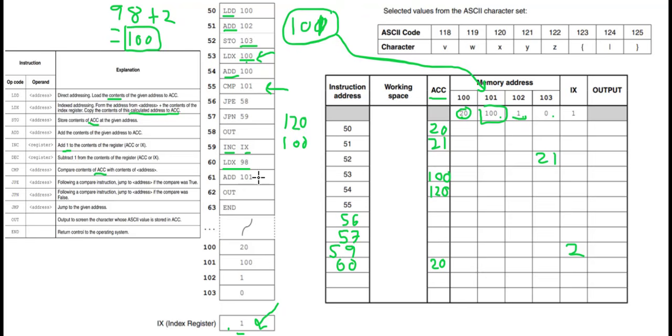Okay, we now add 101. So, as before, it adds the contents of 101. So the contents of 101 is 100, plus whatever's in the accumulator, which is 20.